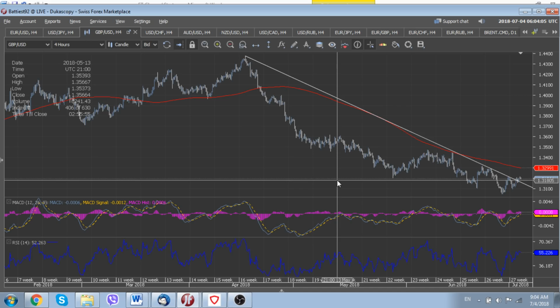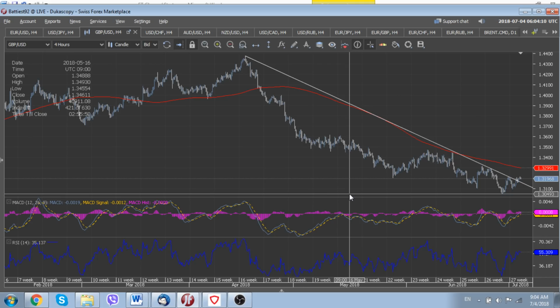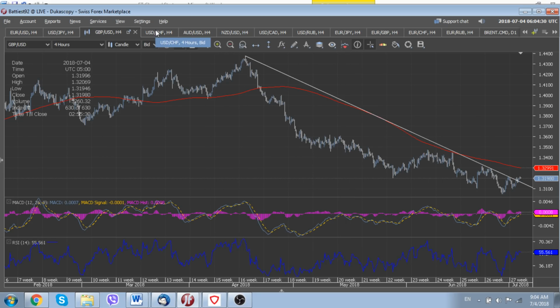In the cable we recognize a kind of stronger support barrier around 130.50, 130. 130 is a kind of psychologically important support for the cable right now, and that support could give an opportunity to the cable to rebound in the next couple of weeks, let's say.